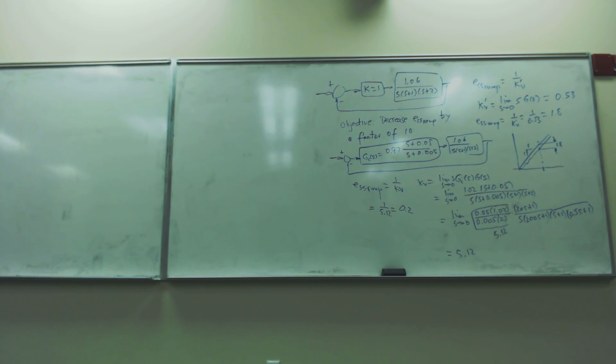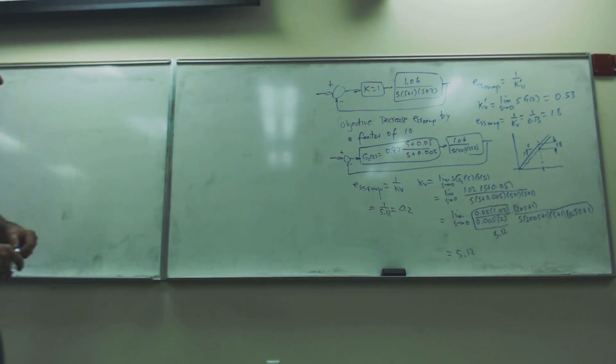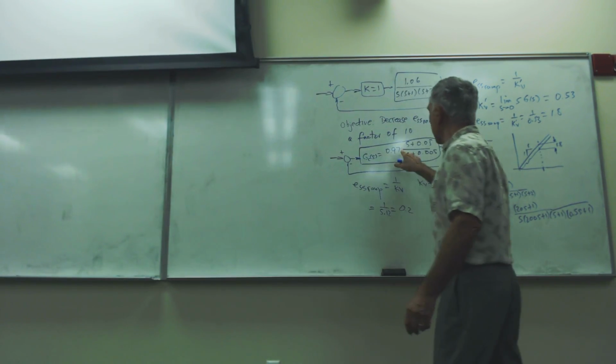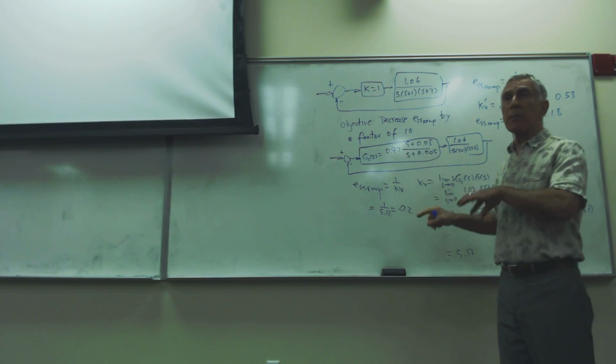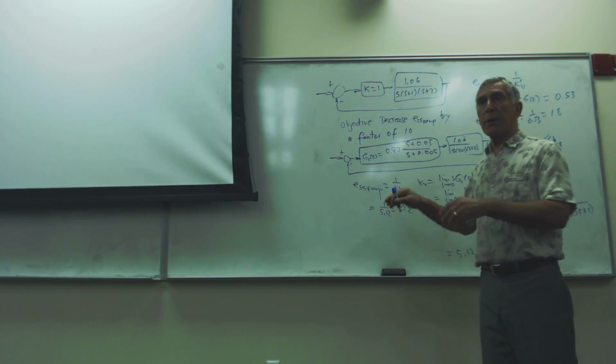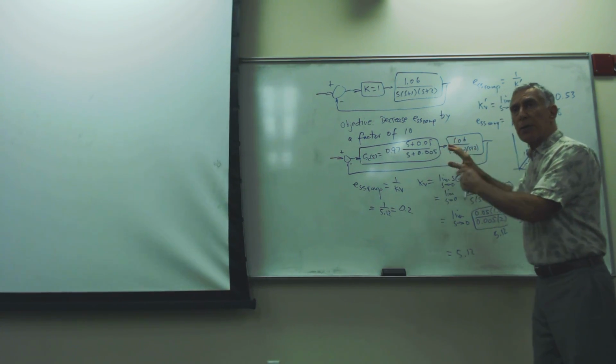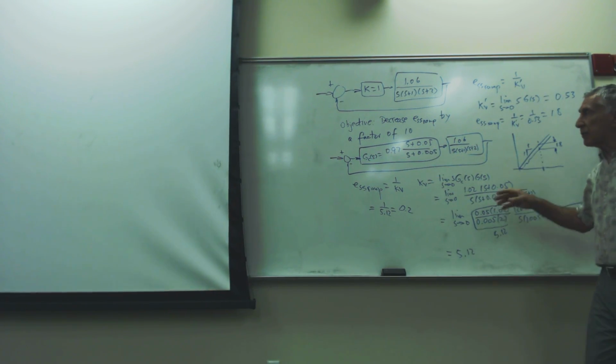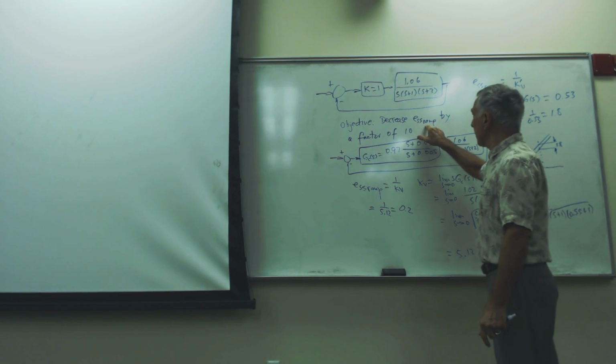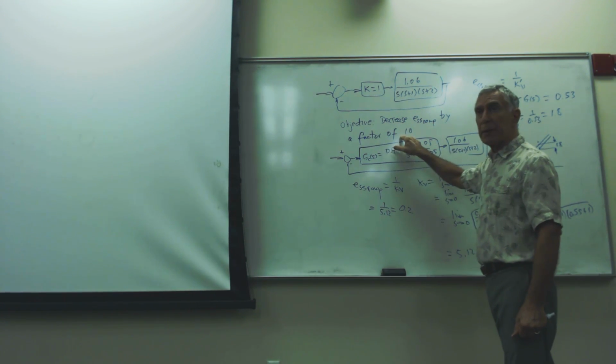Quick question, why do you use the constant 0.87? I mean, the root of 0.05, for any reason? You're saying where does this come from? Yeah. That's what I'm going to show. In other words, I started at the end with a design, and I showed that this design did in fact decrease the ramp error by a factor of 10.